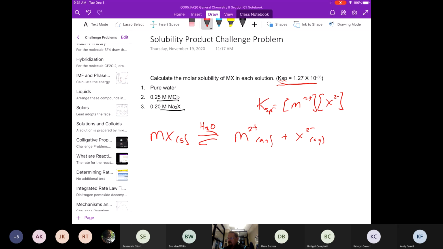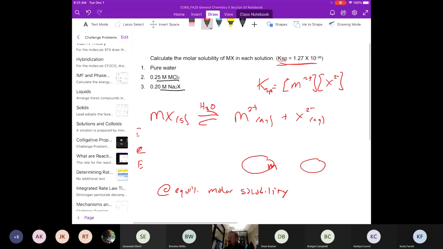If we looked at the equilibrium values for either one of these, that is referred to as the solubility or molar solubility. It's the concentration of the smallest whole number concentration of ions dissolved in the solution. Because this has units of molarity, that's what we refer to as molar solubility.